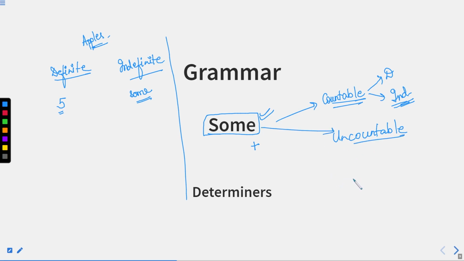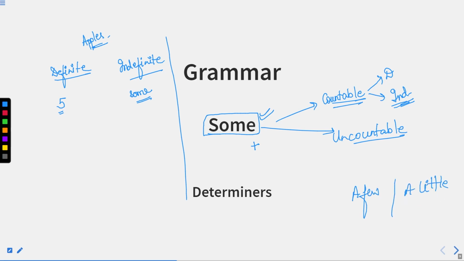Now, if I ask you what is the difference between some and many? First of all, many refers to when the amount is large as compared to that of some. Some refers to a little or a few. So, a few and a little can be the synonyms of some.